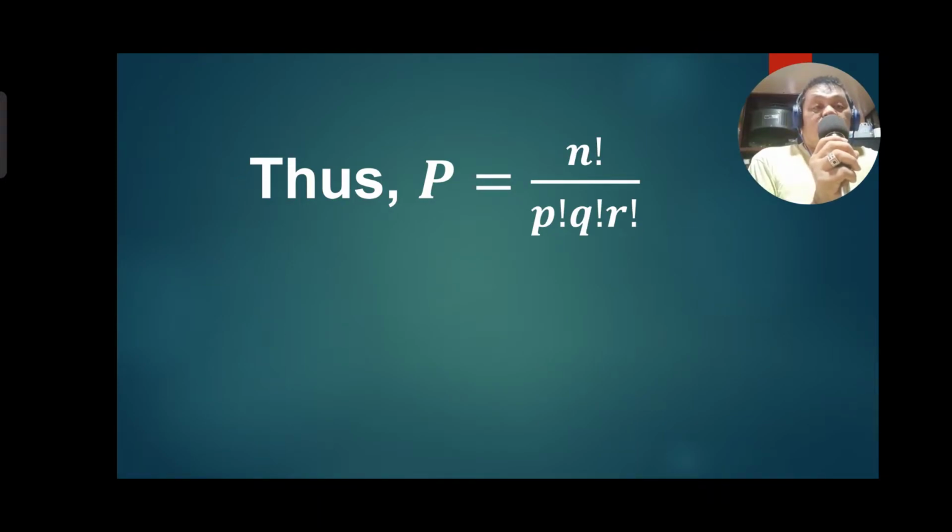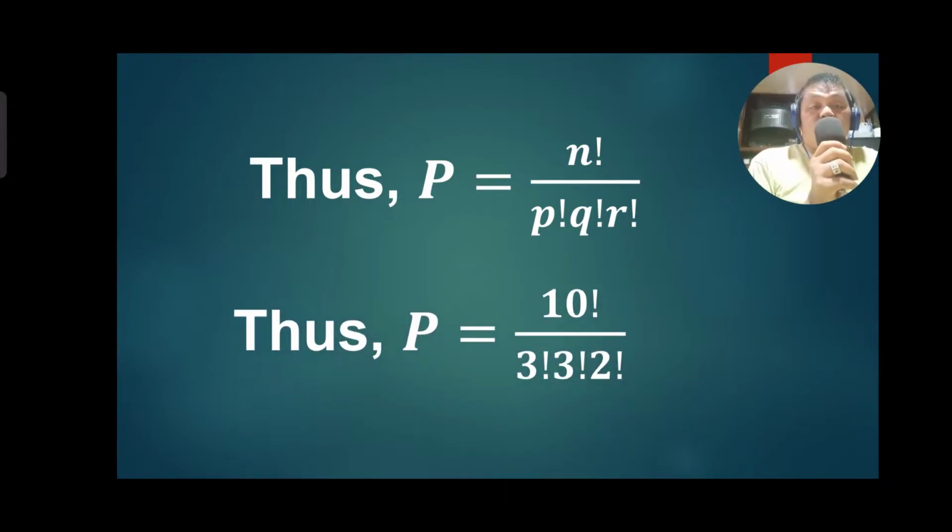Thus, we use the formula again: the permutation of objects is equal to n factorial over p factorial times q factorial times r factorial. In our problem, it's the word statistics.